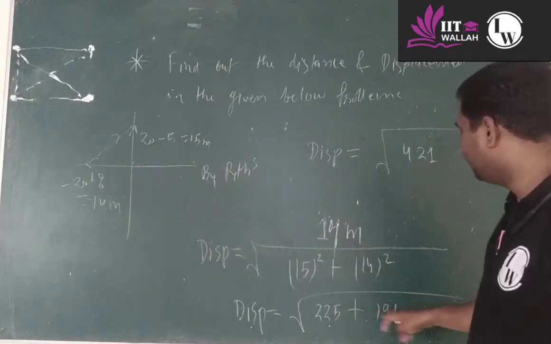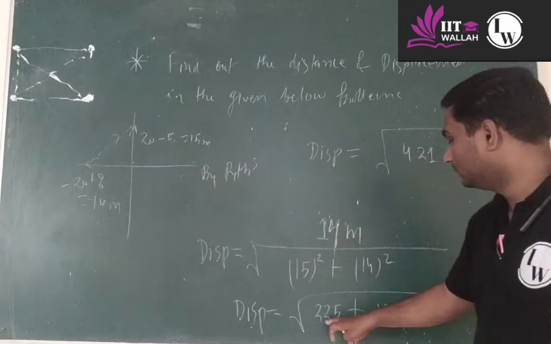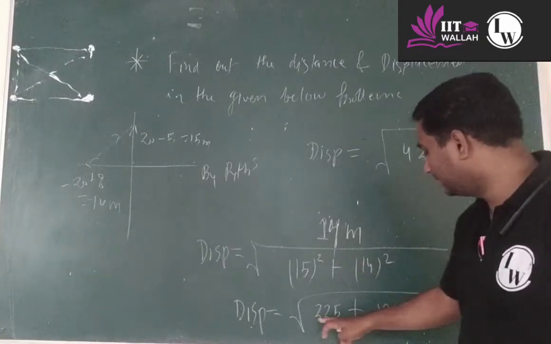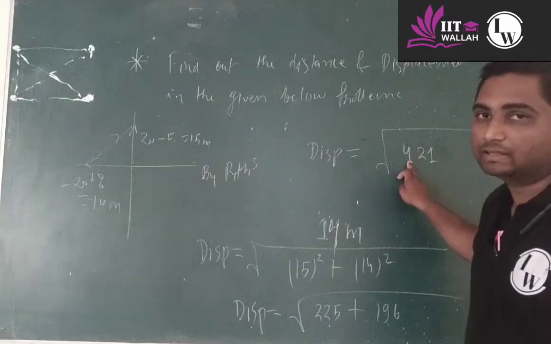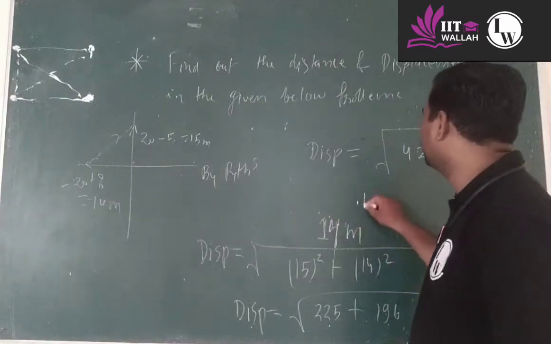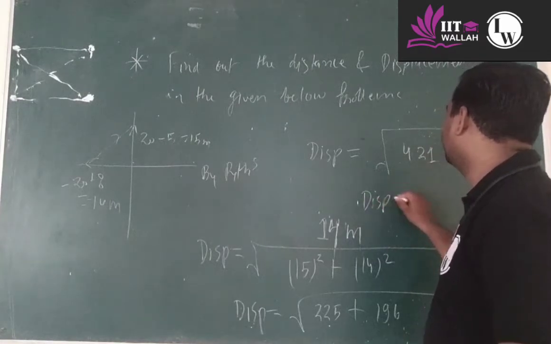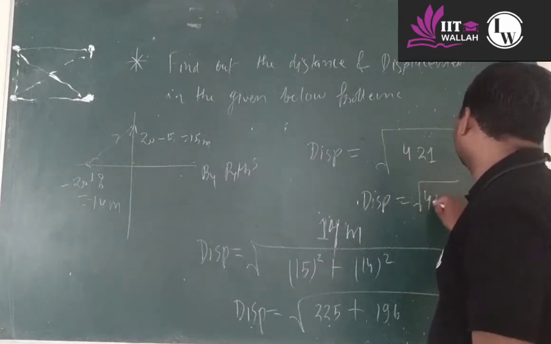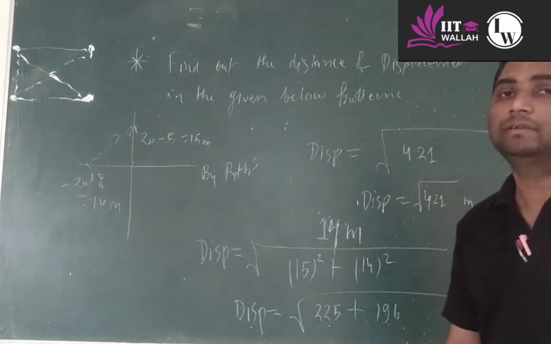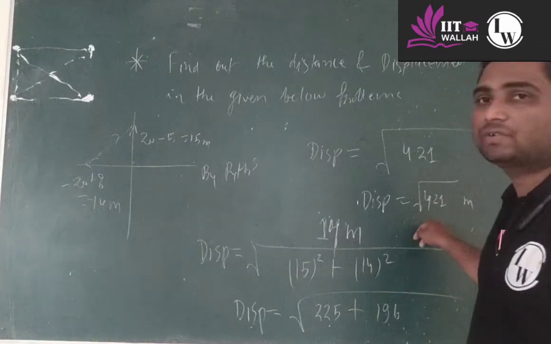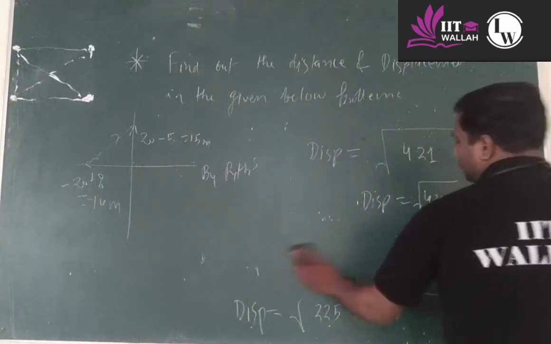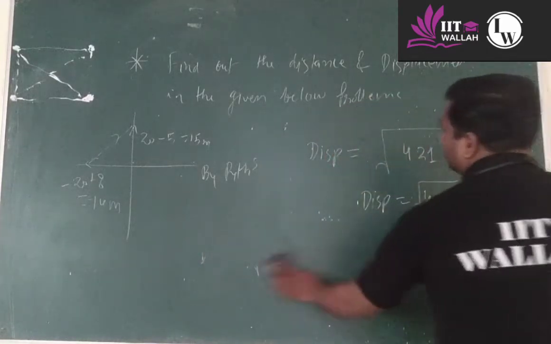You can check: 5 plus 6 is 11, 3 plus 9 is 12, and 3 plus 1 is 4. Okay, this is right. So displacement is equal to under root 421 meter. Now you have to find the square root of this.